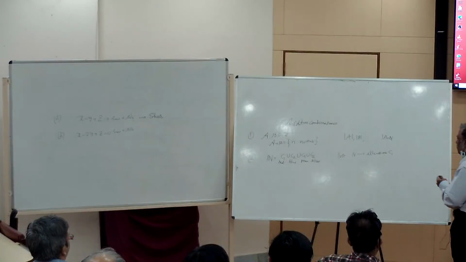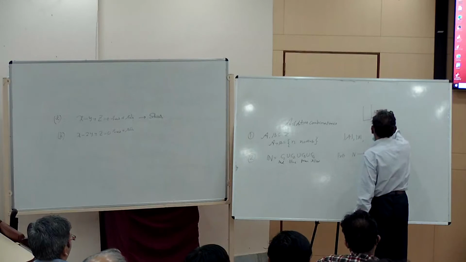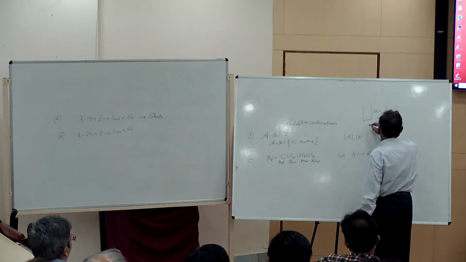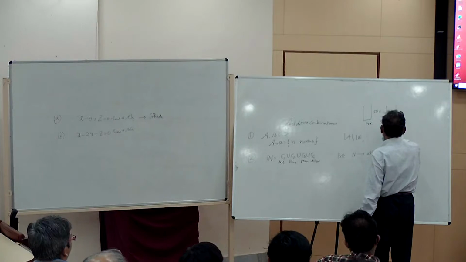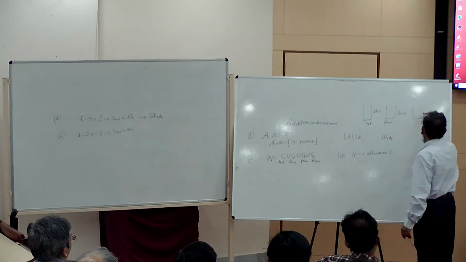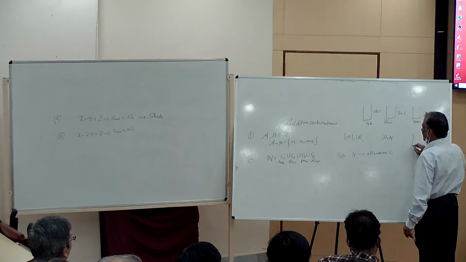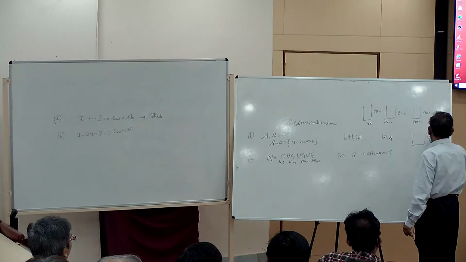Suppose, for example, the red has 50% of the elements, the blue has 20% of the elements, the green has 20% of the elements, and the yellow has 10% of the elements.